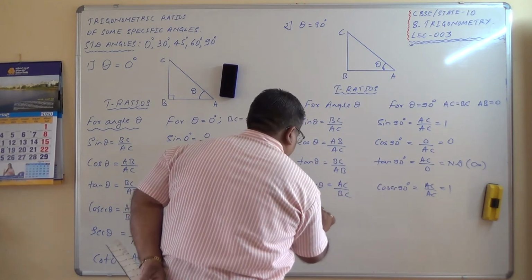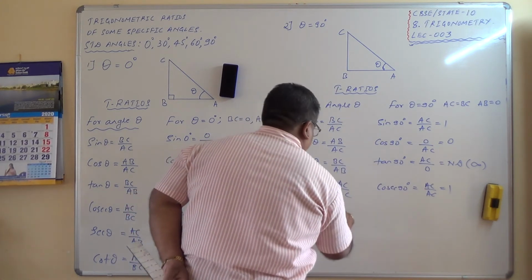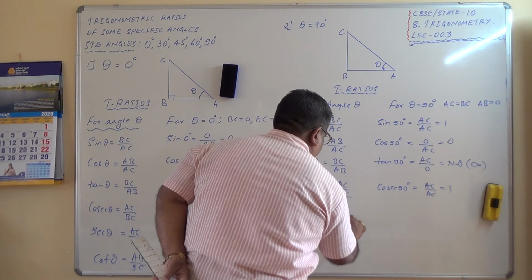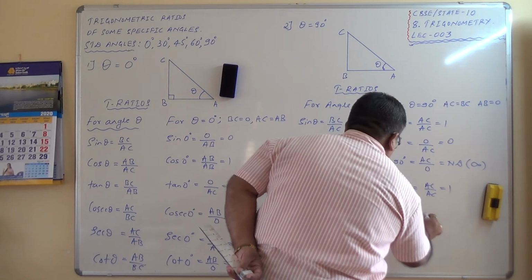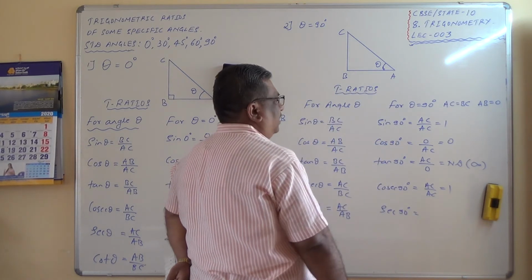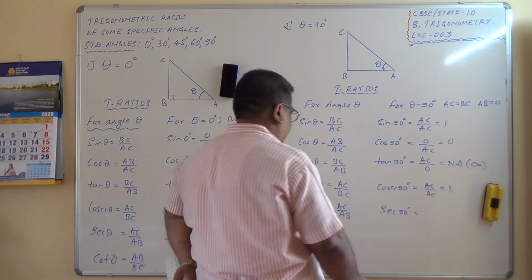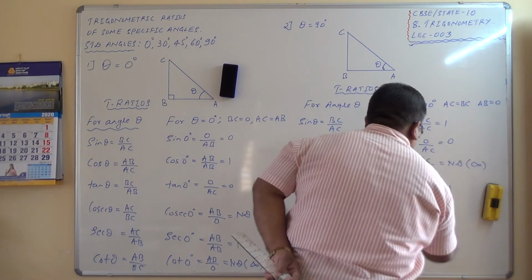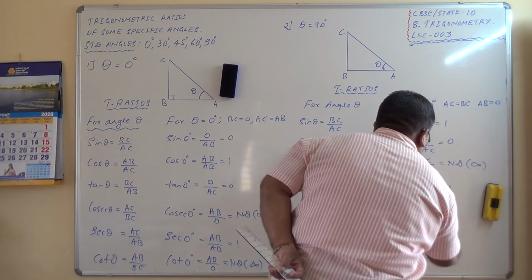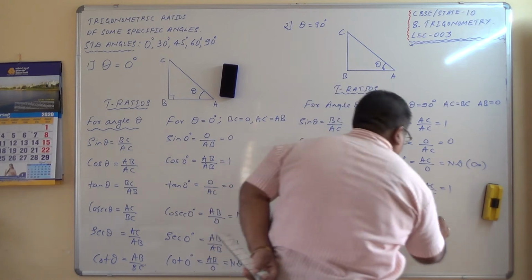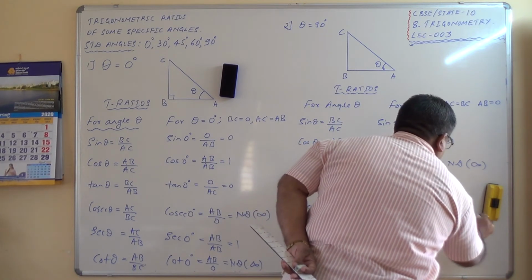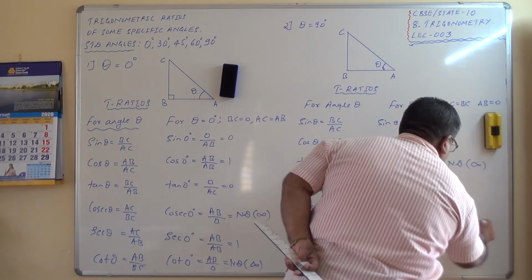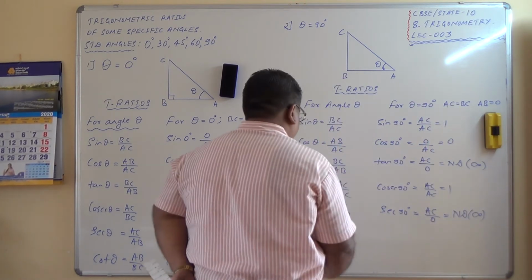Secant theta is AC by AB and secant of 90 degree is AC by AB. AB is 0. AC changes to BC, or I can write as it is AC by 0, and which equals not defined, which can be infinity.